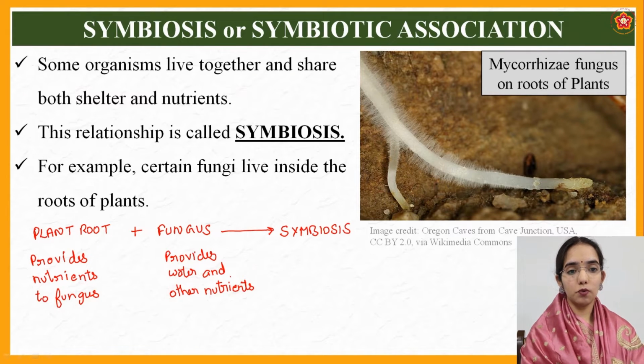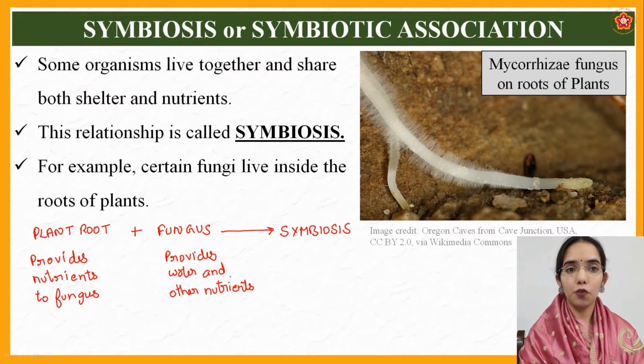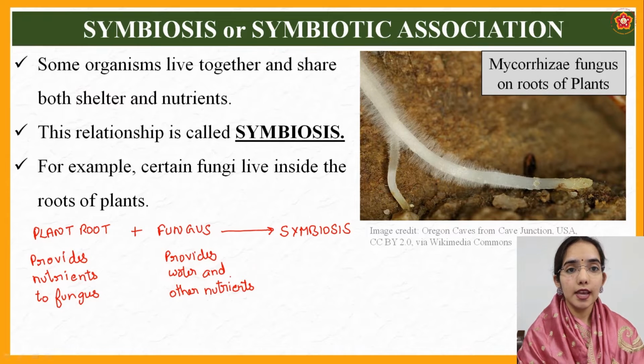So what is happening over here? The plant is capable of performing photosynthesis, so it will provide nutrients to the fungus also. While the fungus is living in the roots of the plant, it can increase the surface area of the root.